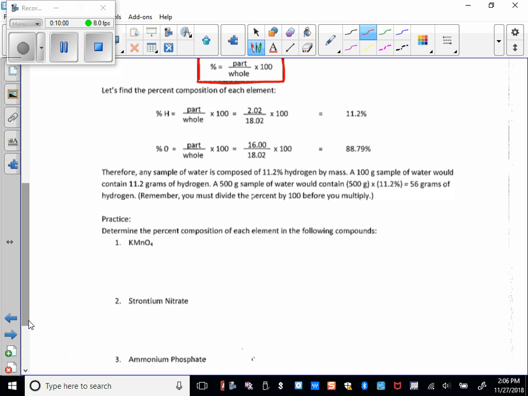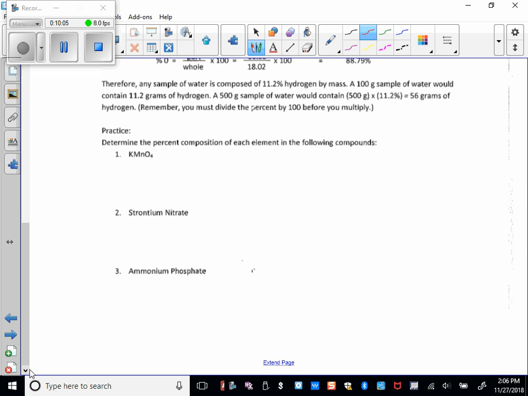So now let's do strontium nitrate. What is the formula for strontium nitrate? Charge on strontium is +2. Nitrate is -1. Correct?